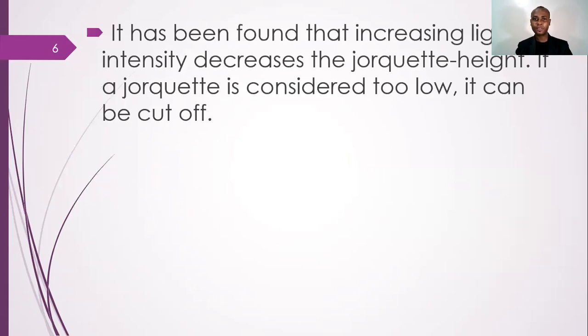All right, let's continue. It has been found that increasing light intensity decreases the jockey height. So if a jockey is considered low, it can be cut off.